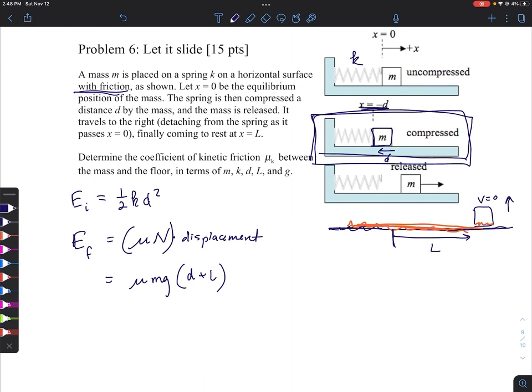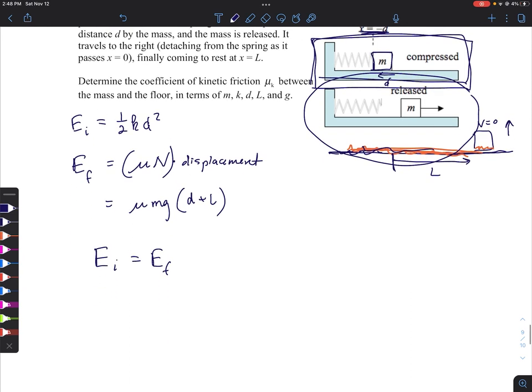Energy is conserved, so I treated the whole system, including the floor, as my system. So I lost no energy, it just turned into heat mediated by friction. So I can say that my initial energy is equal to my final energy. So we have 1/2 k d squared is equal to mu mg times (d plus L).